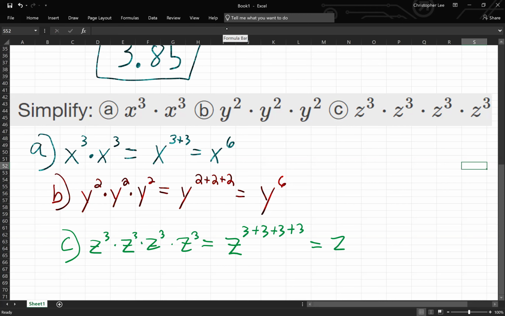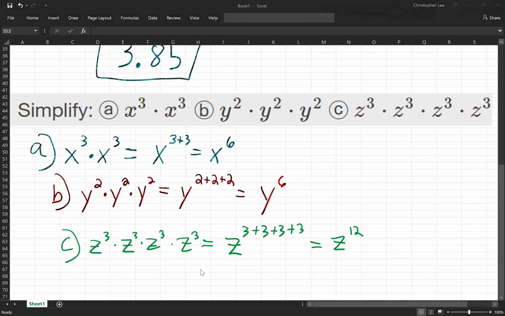Call it a day. This is going to be Z to the what? The 12. Good, 12, right? And then that's it. That's how we simplify exponents.